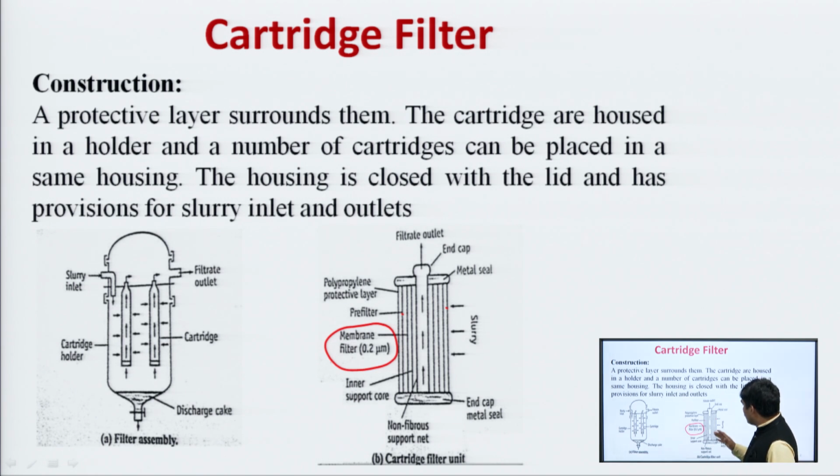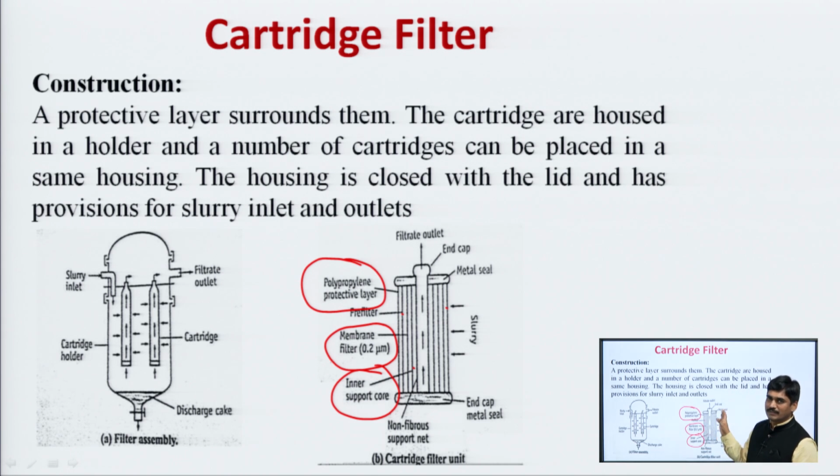And after the membrane filter, there is an inner support core. That means, support is provided to the membrane filter. So, on both sides, first the filtrate outlet is there, above that the inner support core is provided, above that the membrane filter is added, then above that the pre-filter is added, and the outer layer is made up of the polypropylene protective layer.